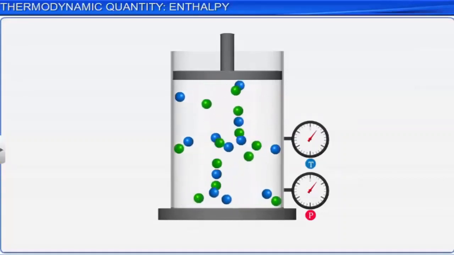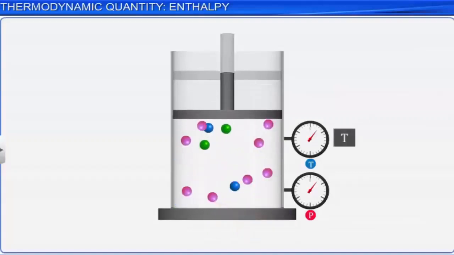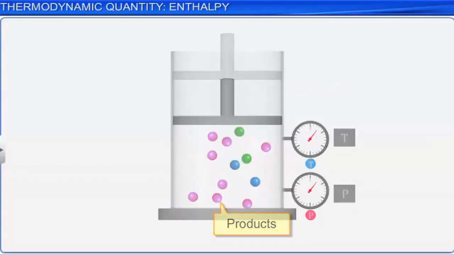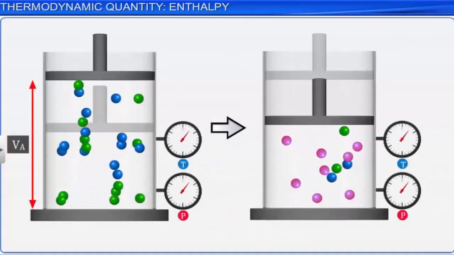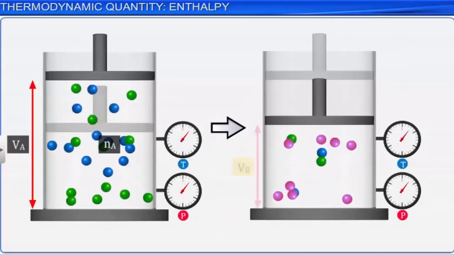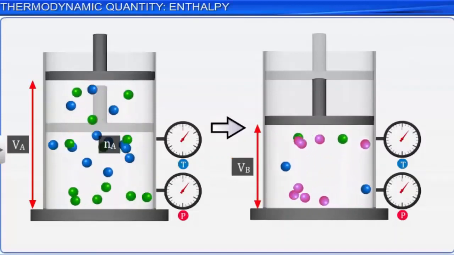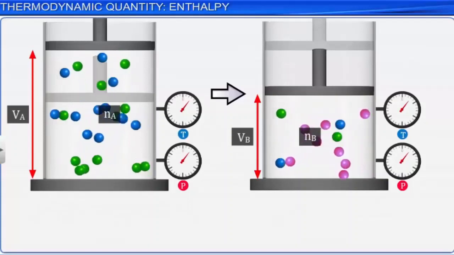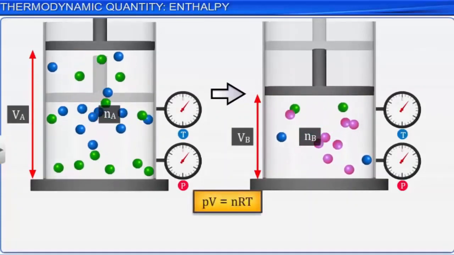Let's consider a chemical reaction occurring at constant temperature, T, and constant pressure, P. Now, let's say that the volume of the reactants is VA and the number of moles in the reactants is nA. Similarly, the volume of the products is VB and the number of moles in the products is nB. According to the ideal gas equation, PV equals nRT.